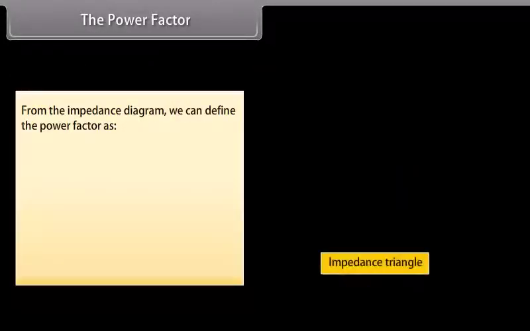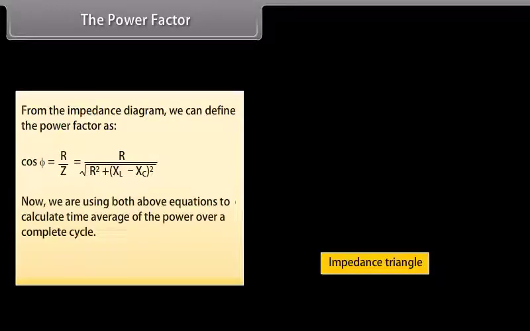From the impedance diagram, we can define the power factor as cos phi equal to R upon Z, which is equal to R upon under root R square plus (XL minus XC) square. Now, using both above equations to calculate the time average of the power over the complete cycle, P bar is equal to the product of Irms square and R.